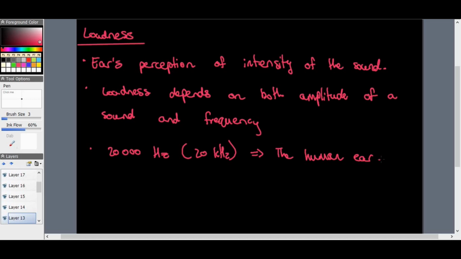That's just an example of where ultrasound is used. It's used to basically bounce off something and return a sound back, in a nutshell.